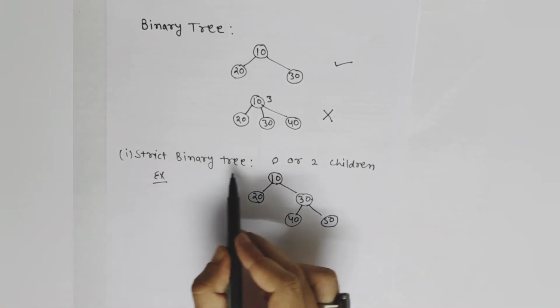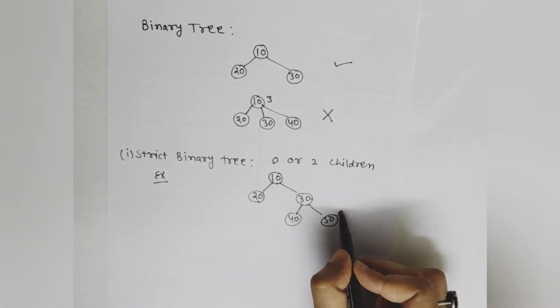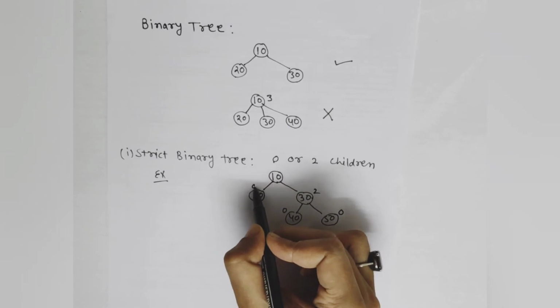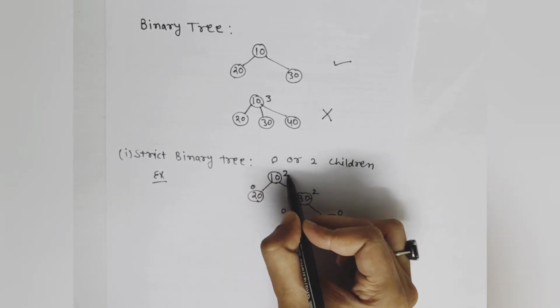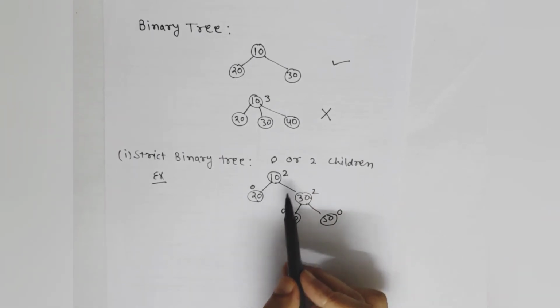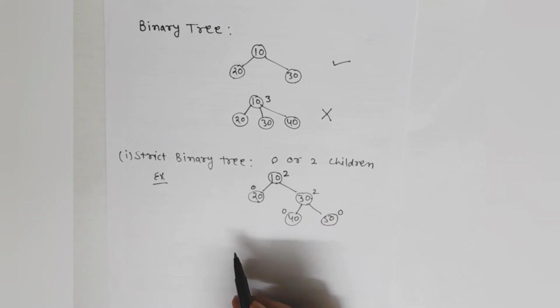So this is a strict binary tree. If I write the degrees, 0, 0, 2, 0 and 2. So if every node has 0 or 2 degree, then it is a strict binary tree.